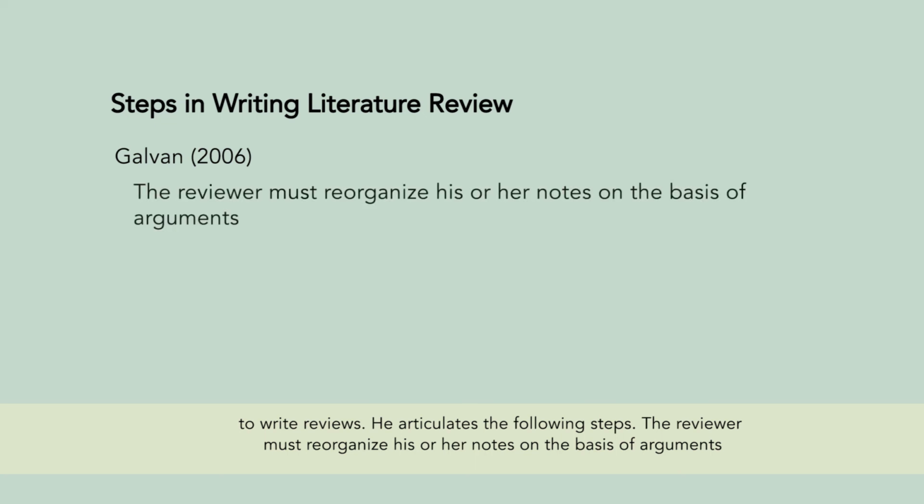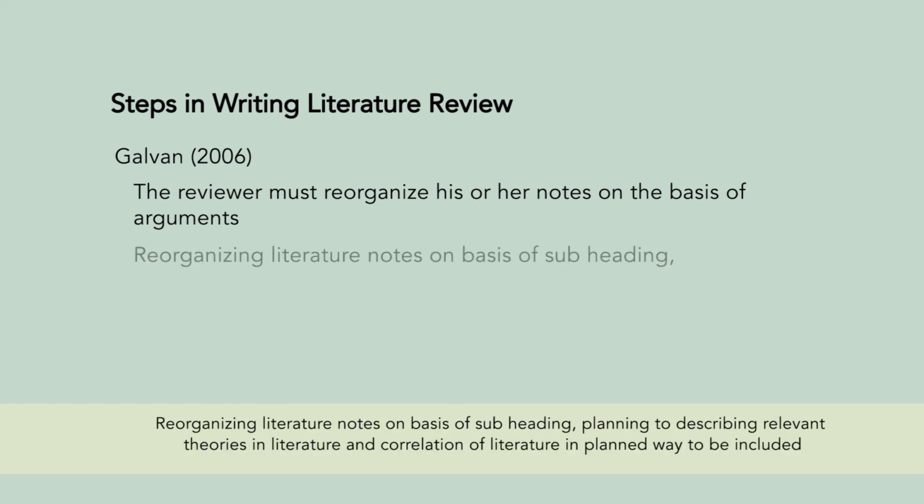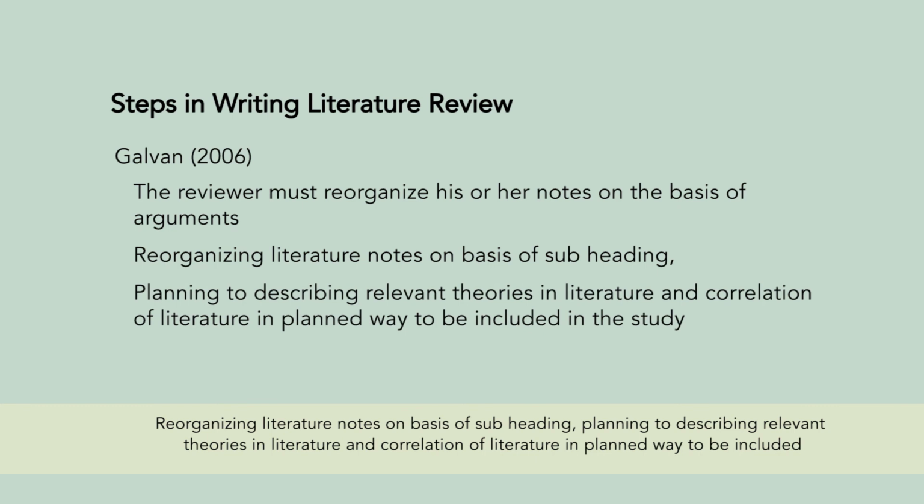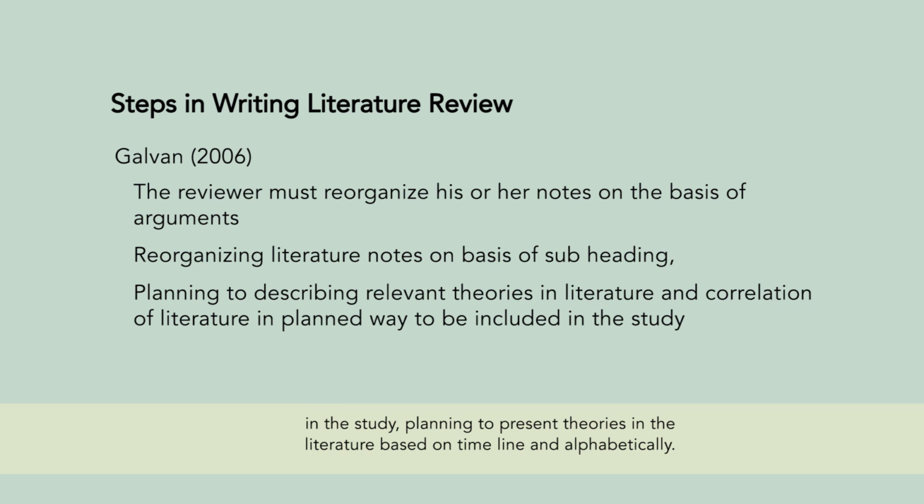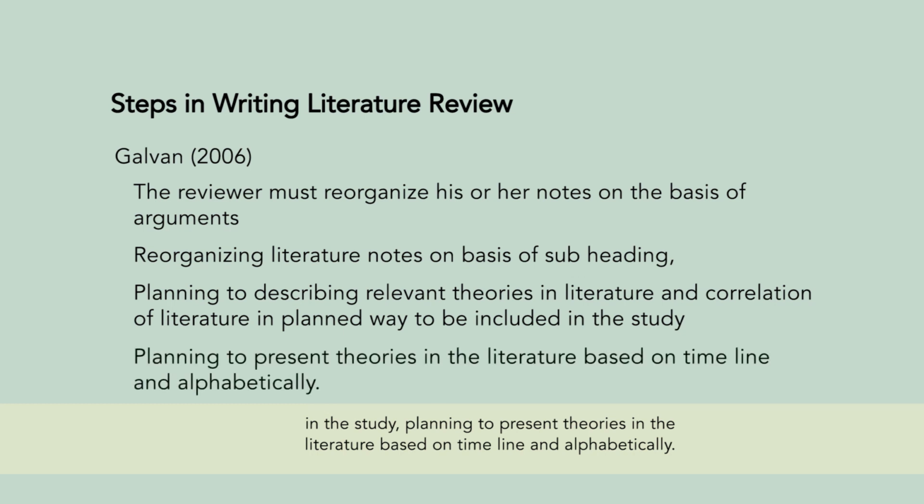The reviewer must reorganize his or her notes on the basis of argument, organizing literature notes on the basis of subheadings, planning to describe relevant theories in the literature, and correlating the literature in a planned way to be included in the study. Planning to present theories in the literature based on timeline and alphabetically.